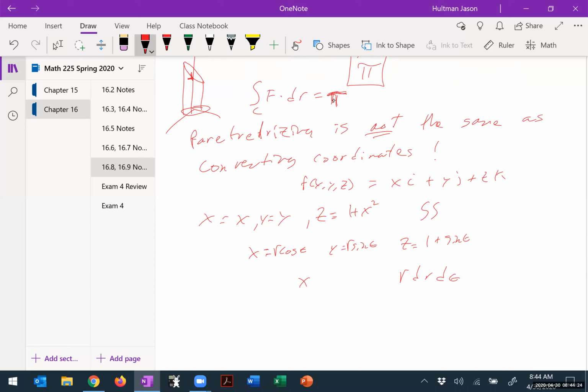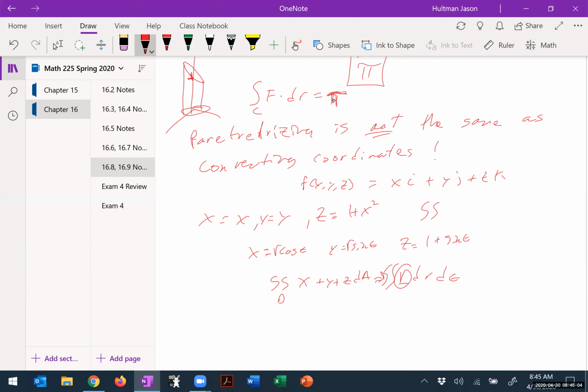Converting coordinates for this, if this was x plus y plus z dA of D, and you were to convert this to polar, you'd have to have an r d theta. But if you parametrize a force field, you don't. You would just go directly to the r's and thetas. I hope that makes a little bit of sense. Parametrizing is not the same as converting coordinates.